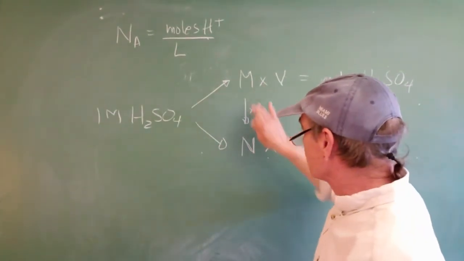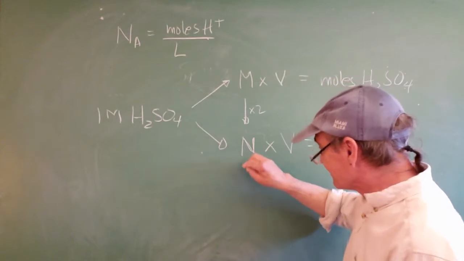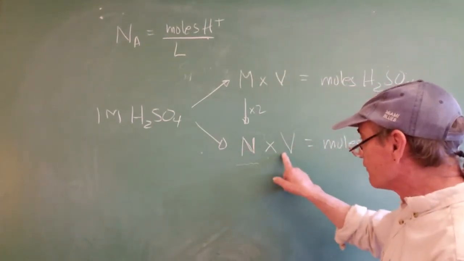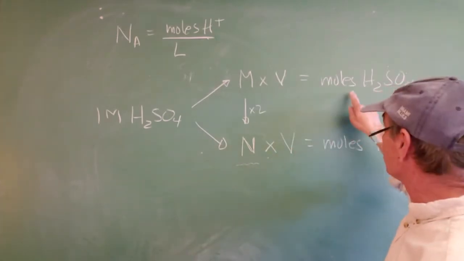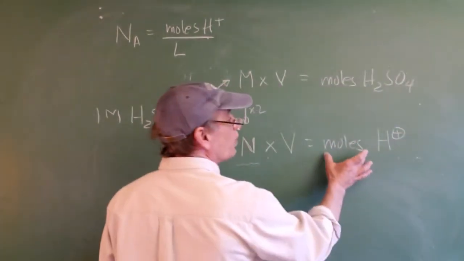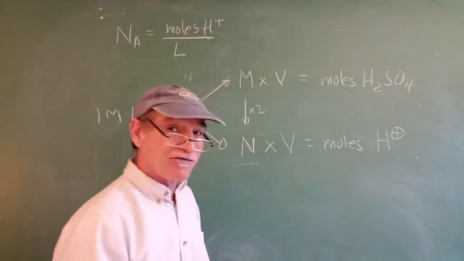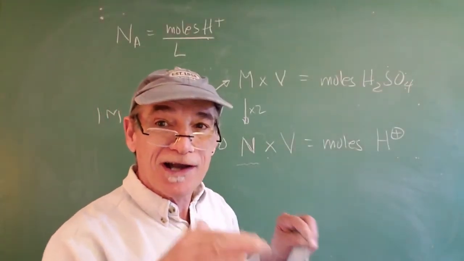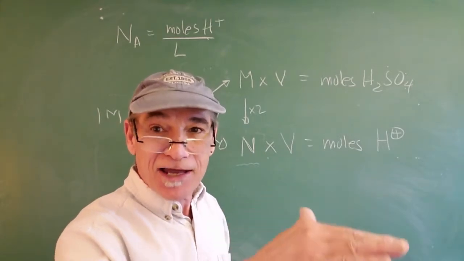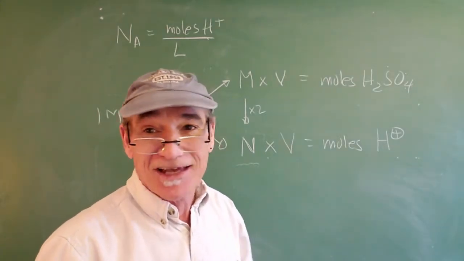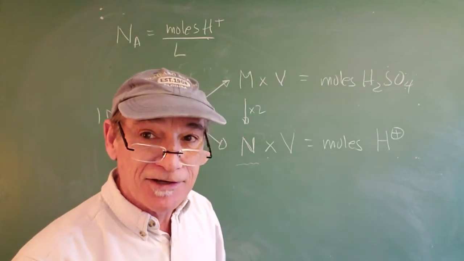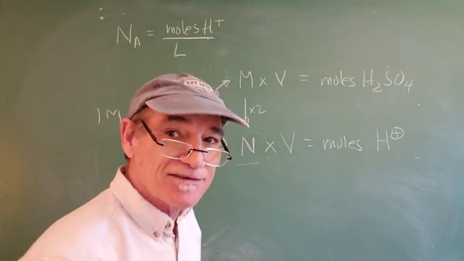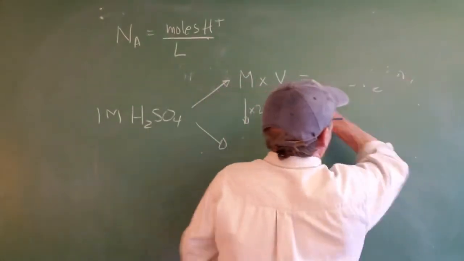So if I multiplied that molarity by 2 and said that was the normality of the H2SO4, that times the volume doesn't equal the moles of H2SO4, it equals the moles of actual H pluses that are available. That normalizes everything down to just 1 common denominator, the hydrogens. With the base, it's exactly the same. It's hydroxides that reflect the normality. What's the total head count of hydroxides? So let me erase this to show you something else.